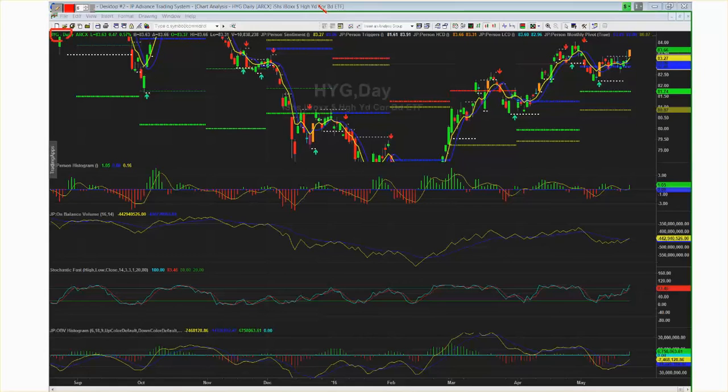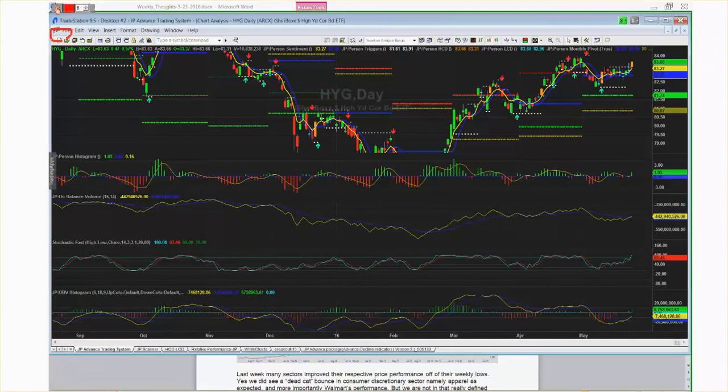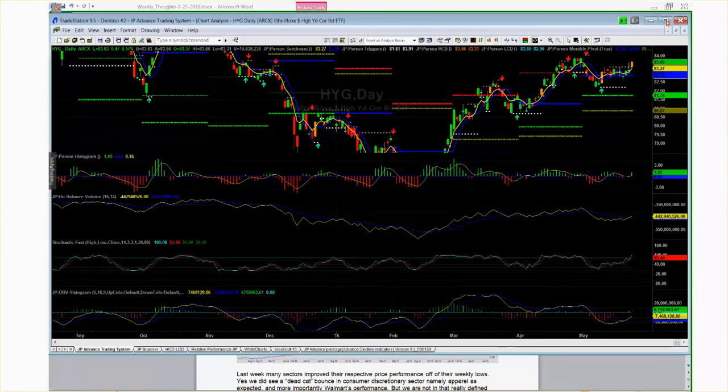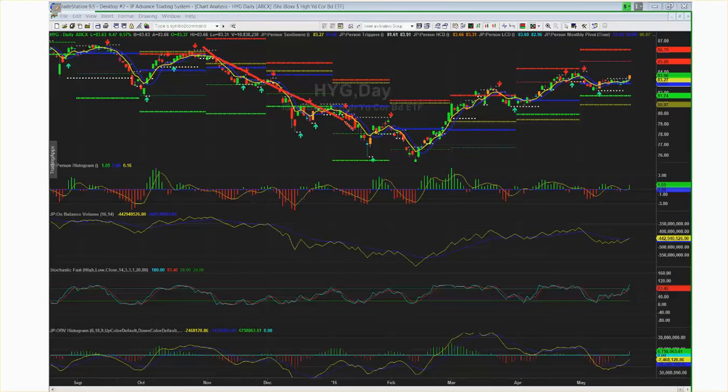This is the HYG. This is a daily chart. Here's your high yield corporate bond ETF, right? And if you remember this thing last year, here's what you might want to remember. They were talking about high yield debt. The spread between corporate debt and treasuries was getting decimated, and it took the U.S. stock market down with it, right? That's what you probably should remember.